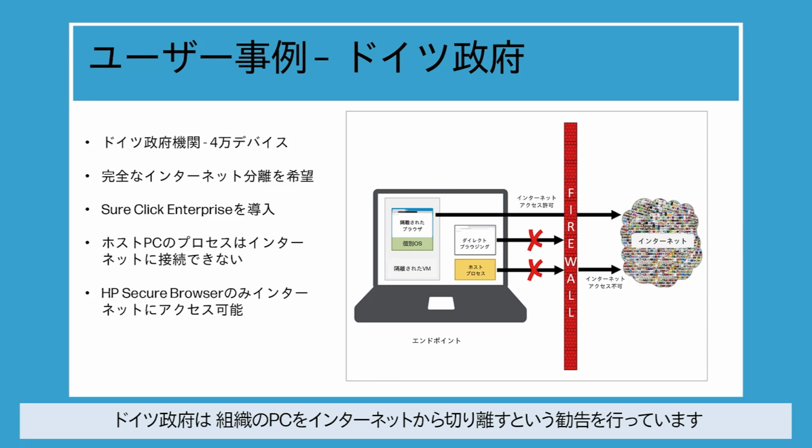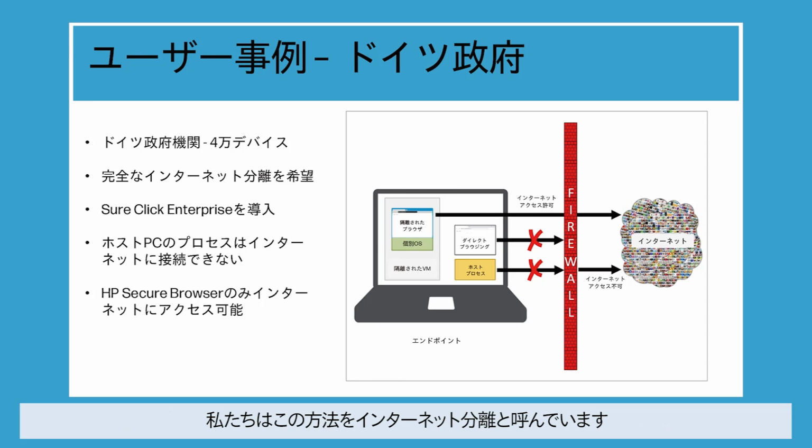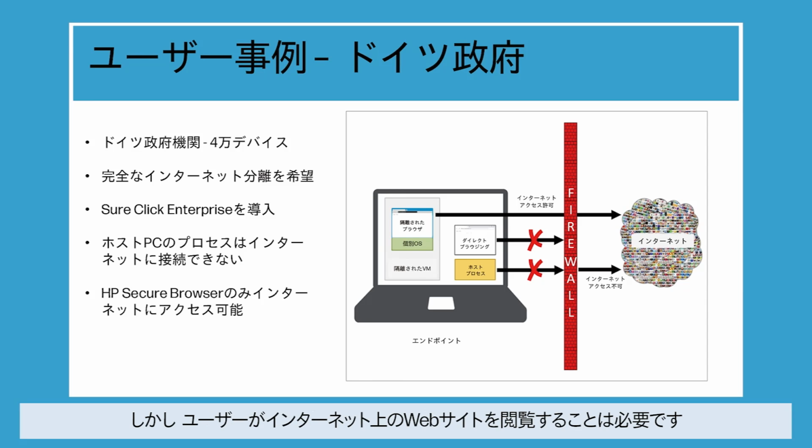The German government has made some recommendations where they would like to disconnect their PCs from the internet. We call this approach internet isolation. However, users still need to be able to browse internet websites.